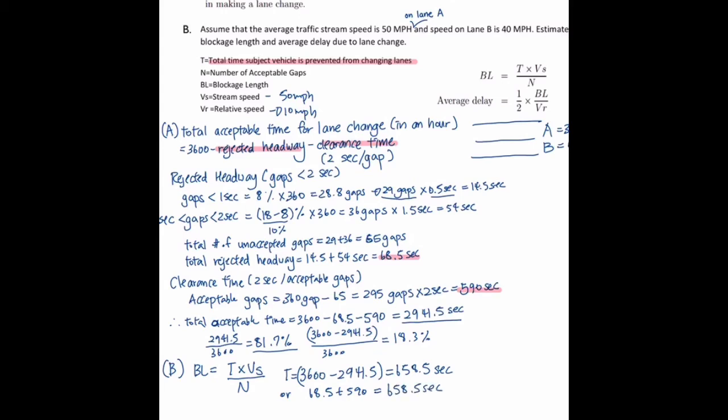Vs here is 50, so 658.5 times 50 miles per hour. And for N, we also calculated N earlier. N is the number of acceptable gaps, which is 295.